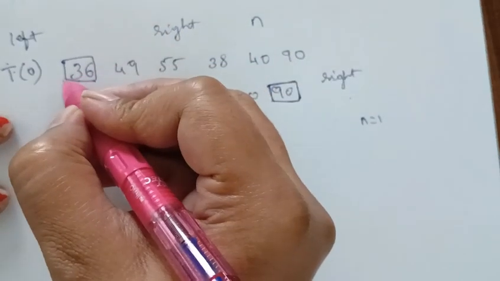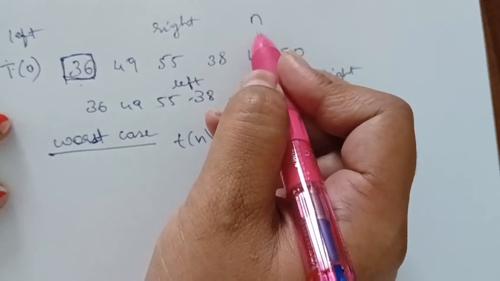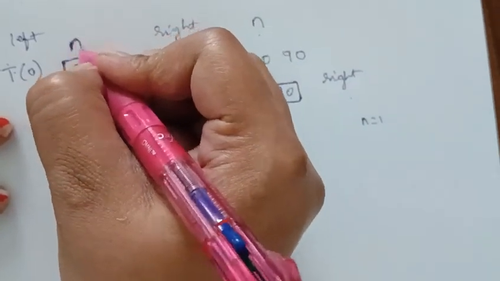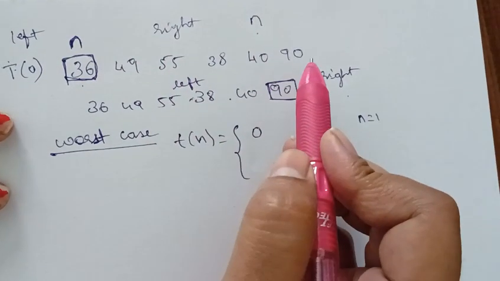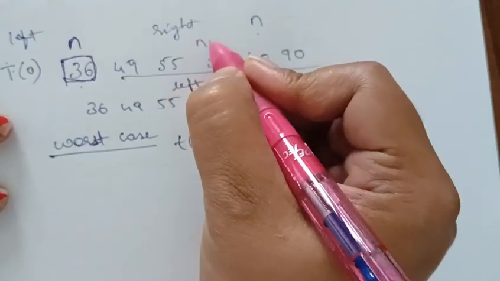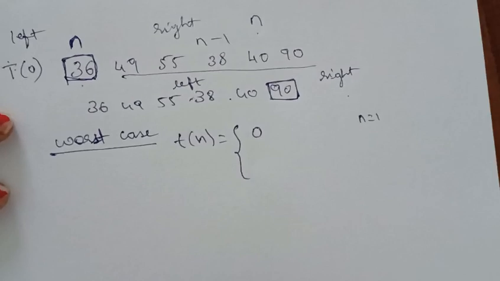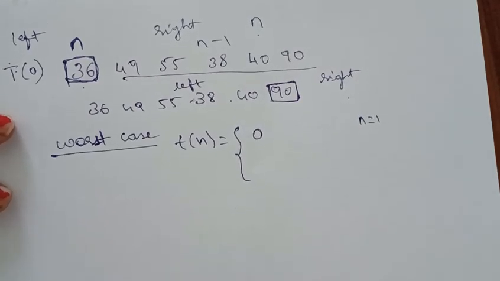And if I take out the pivot element from n elements, how many elements will be left out? One is the pivot element, so the others are n minus 1 elements. So what will be the general plan?